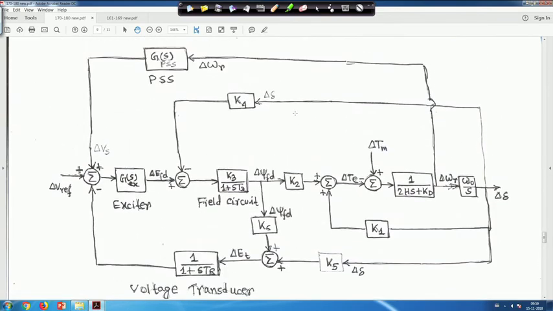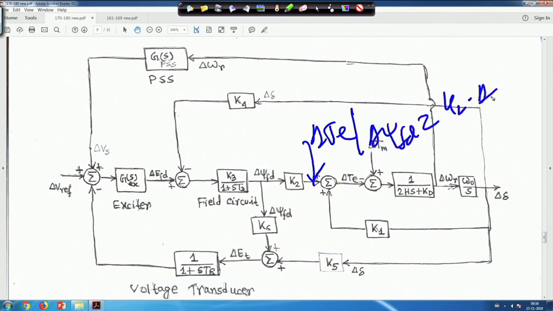Same as before, you find that delta T due to delta psi FD is equal to K2 into delta psi FD. The only additional thing is the delta Vs term coming in, and with TR neglected, this will be simply 1.